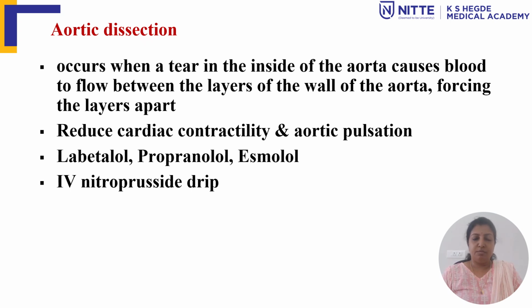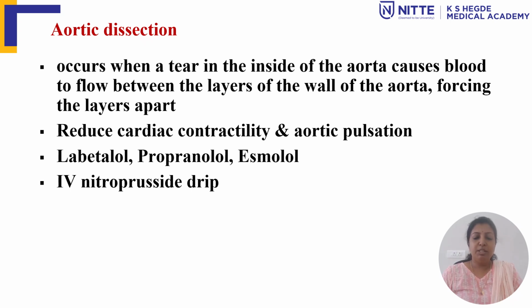In aortic dissection, there is a tear in the inside of the aorta, causing blood to flow between the layers of the wall of the aorta, forcing the layers apart. Beta blockers can be initiated to reduce cardiac contractility. Usually you give drugs with negative inotropic effects, like beta blockers, or calcium channel blockers if beta blockers are contraindicated.